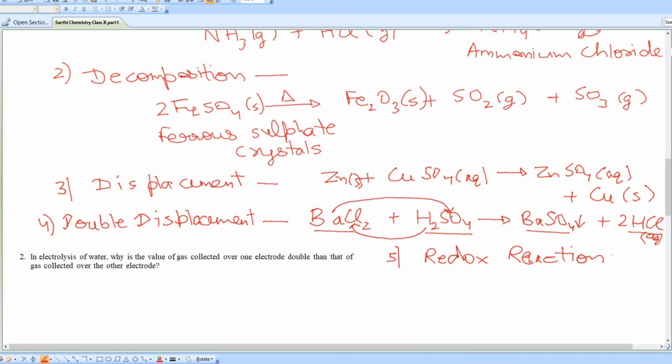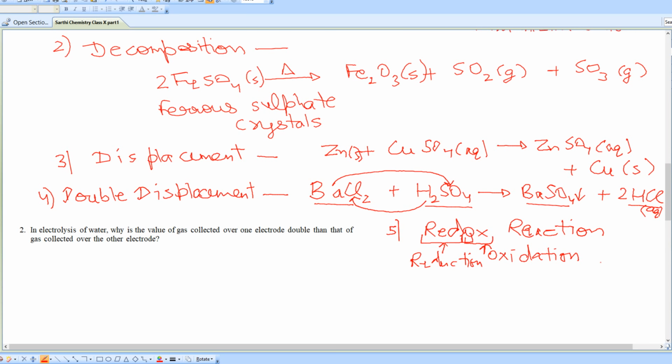Then that reaction is a redox reaction. We can see it from here. Redox, red and ox. So red means reduction and ox means oxidation. So this is a reaction in which both oxidation and reduction are taking place at the same time.